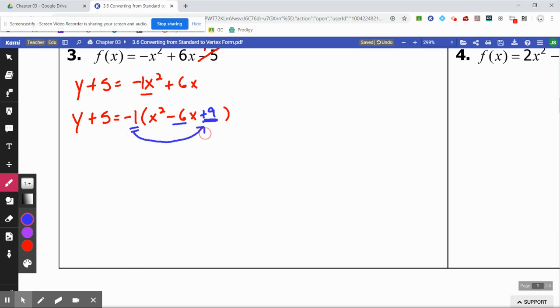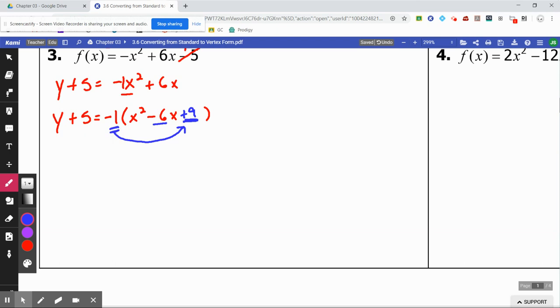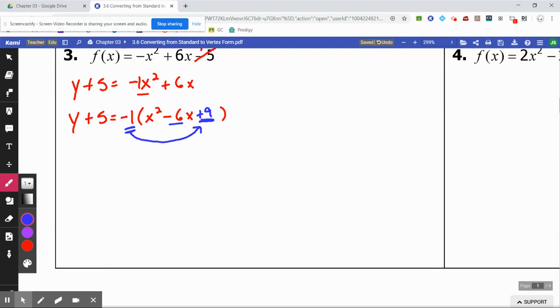If you were to distribute that back out, -1 times that +9 would actually equal -9. So technically, what did you do to the right side? You subtracted 9. So make sure you do that exact same thing on the left. On the left side, you have +5 and -9, which is a -4.